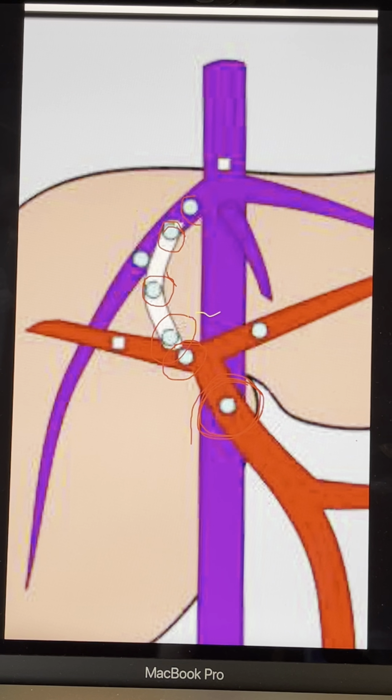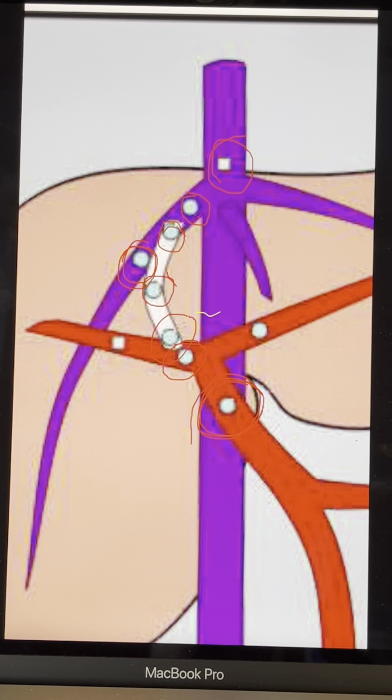And then after the shunt, you have to take the waveform in right hepatic vein. You have to take waveform on the other side of right hepatic vein also. And then you take it at IVC.